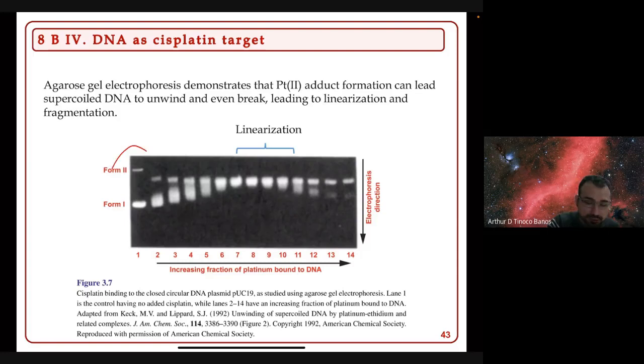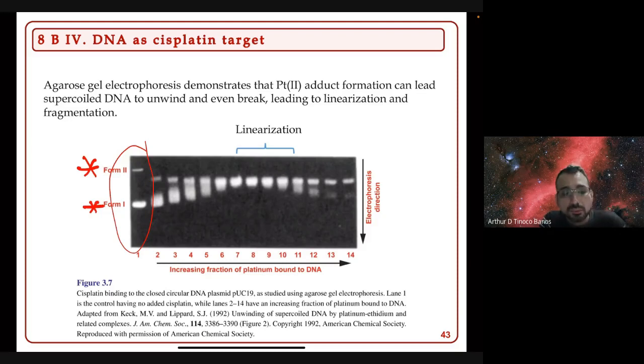If we look at the controls, a supercoiled versus a linearized DNA, supercoiled is represented here by form 1, the linearized by form 2. They may be of the same size, but the shape will dictate how they run through this gel. So form 1 runs further along than form 2.